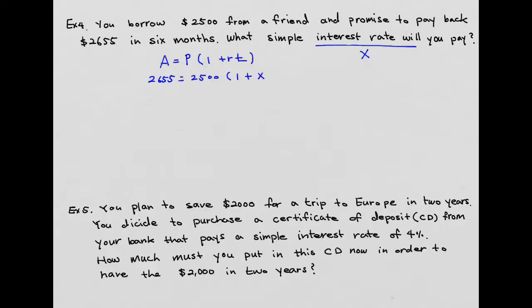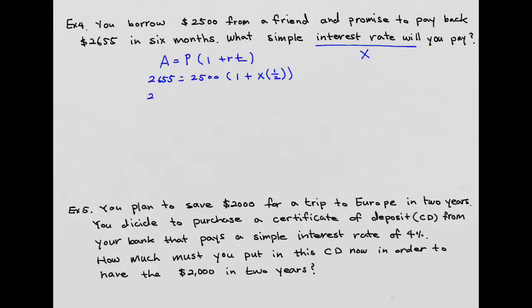Time is going to be 6 months, so we could use half a year or 0.5. In order to solve this equation, we want to open the parentheses first. So we're going to distribute 2,500 to 1 and 2,500 to x times 1/2.